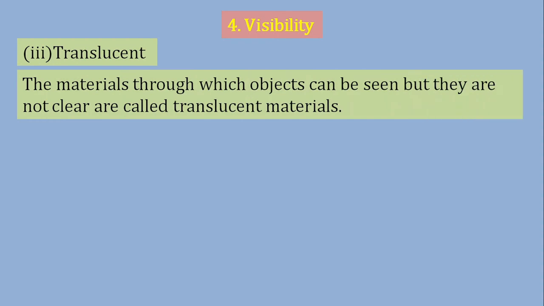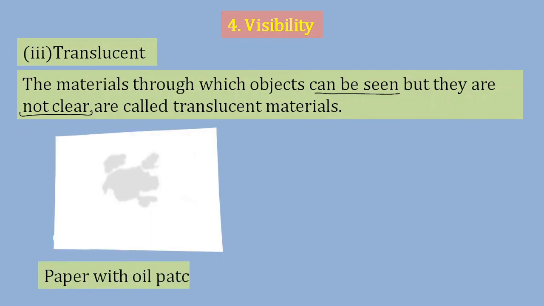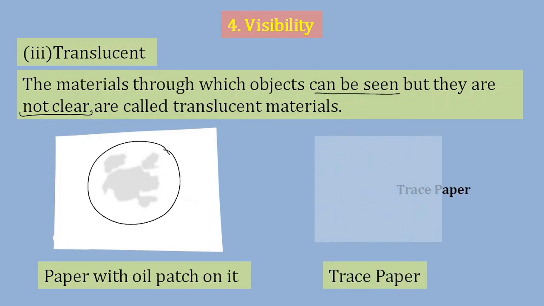Third are translucent materials. Those materials through which we can see but not clearly are called translucent materials. Examples are a piece of paper with an oil patch on it and trace paper. Look at this text.